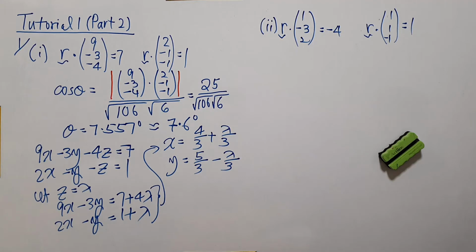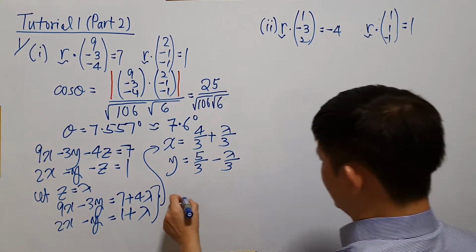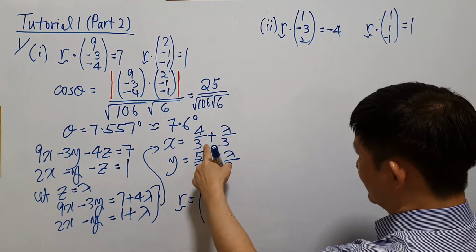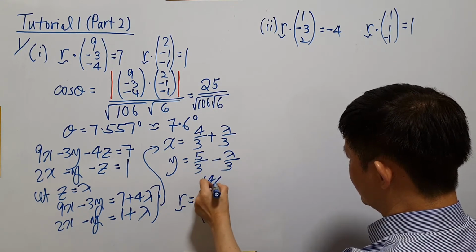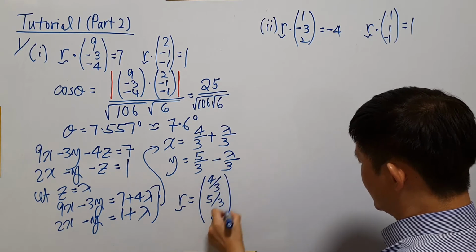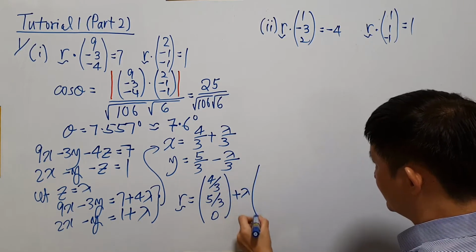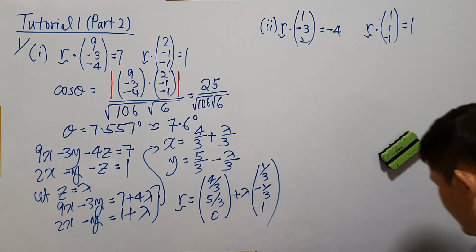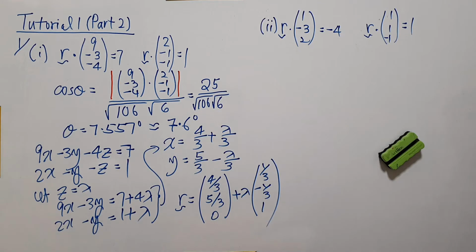Now I'm ready to write down the equation of the intersecting line. My intersecting line will be r equals (4/3, 5/3, 0) plus lambda (1/3, -1/3, 1). Let me tell you where I get these numbers from.